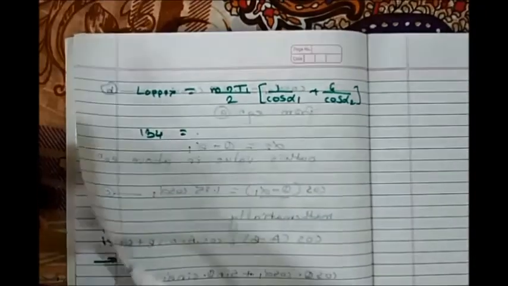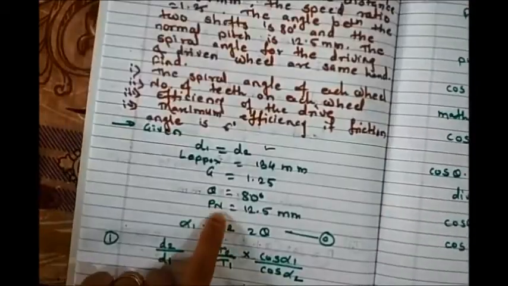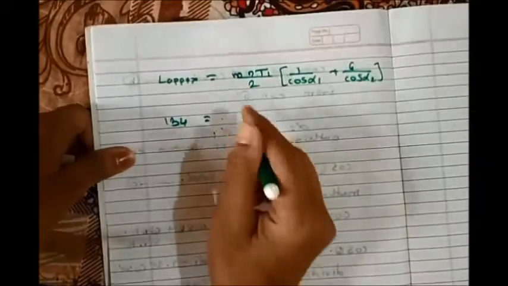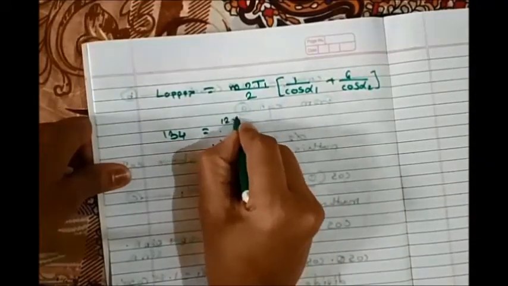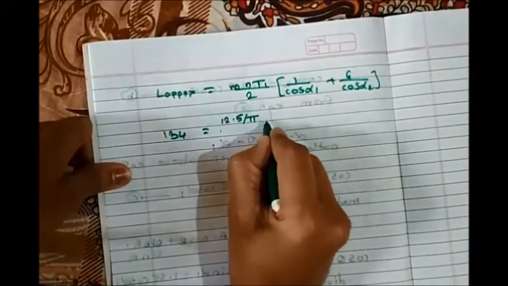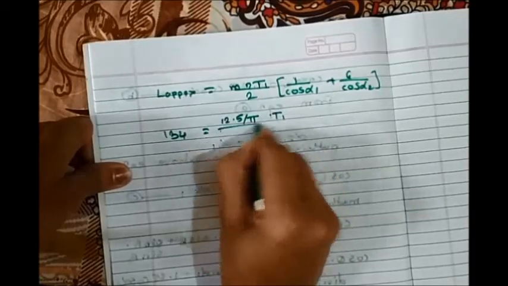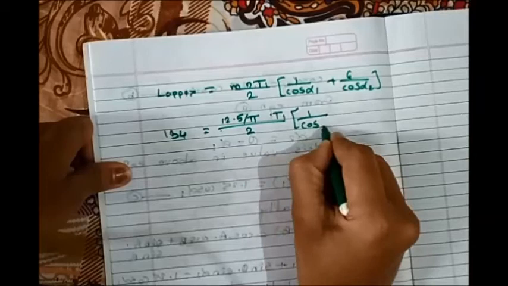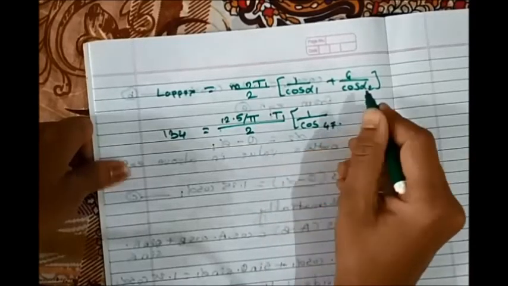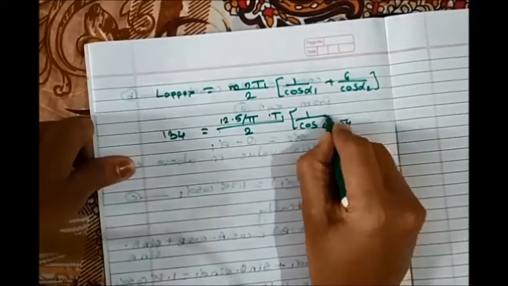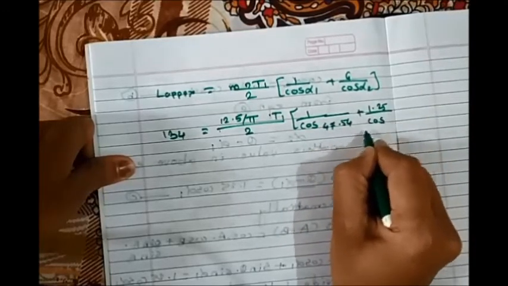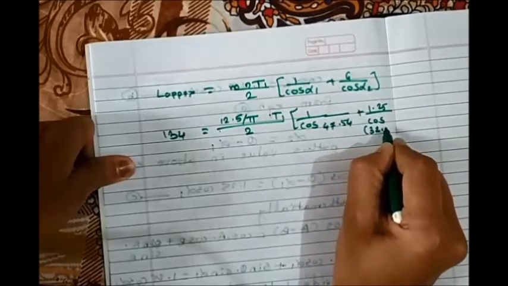Mn we need to calculate using Pn divided by pi. So I'm going to write here directly 12.5 divided by pi into T1 divided by 2, 1 upon cos of alpha 1, which is 47.54, plus G is 1.25 divided by cos of alpha 2, which is 32.45.